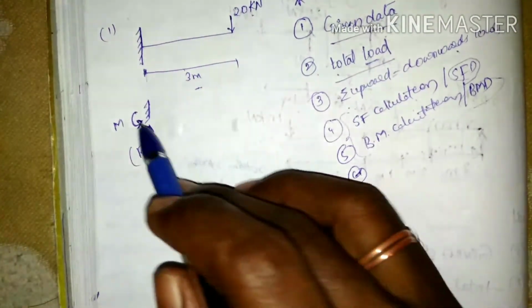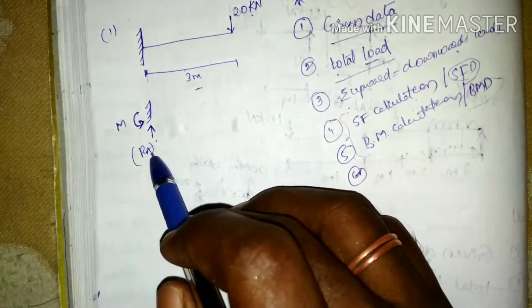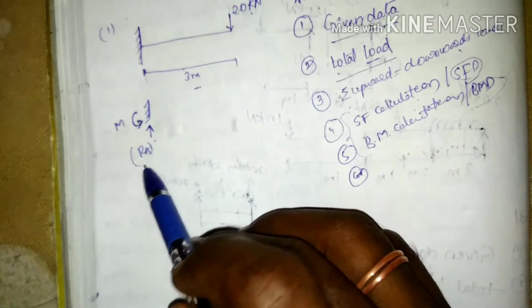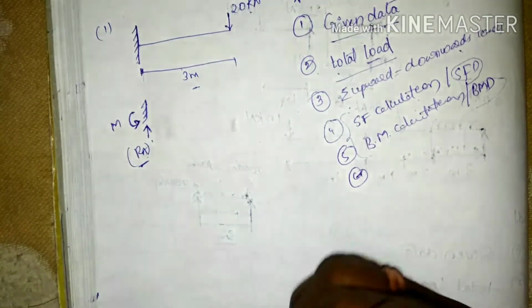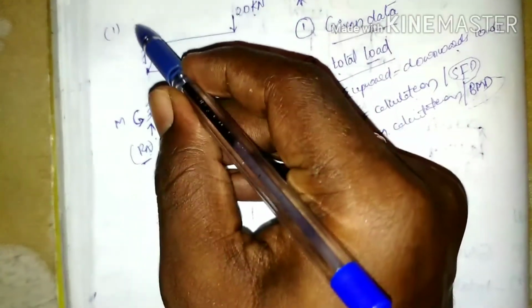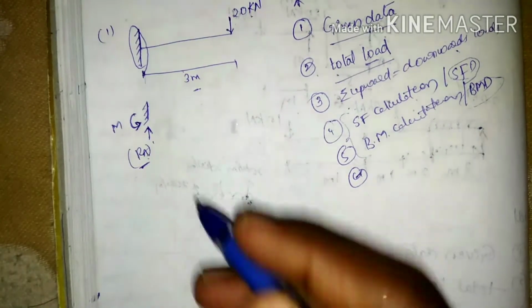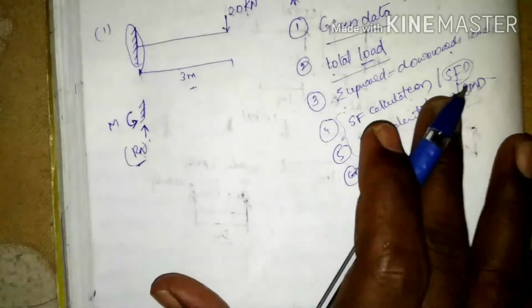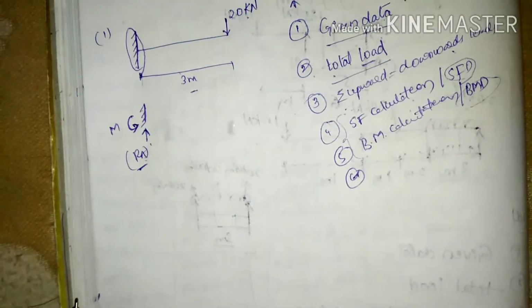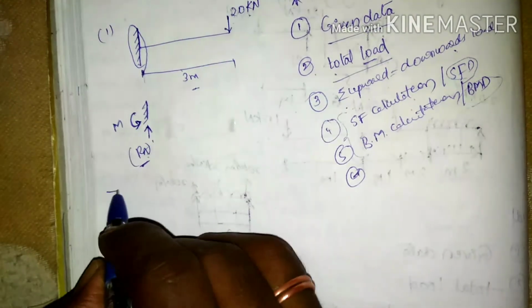For the same given data, we're going to find both of these. What is RA? RA is an upward reaction at the fixed end. We're going to find this RA value now. Let us go with the procedure.